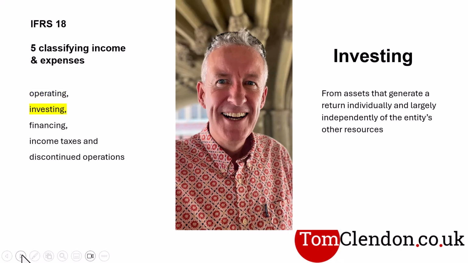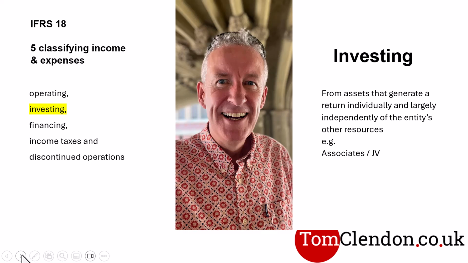So what goes in investing? I think it's common sense. What income and expenses would you classify as investing? Well, it's that income and expenses that have come from assets which are not operating, which has come from assets which are standalone, which has come from assets which generate an independent and individual income. What do I mean? What are the examples?